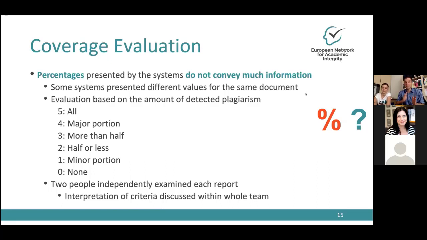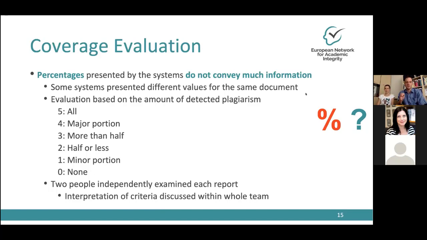In some cases, it was really absurd because you upload the document, get some percentage, let's say 27%, and then you upload the document 5 minutes later and get completely different number. Instead of 27%, you get 43%, for example.